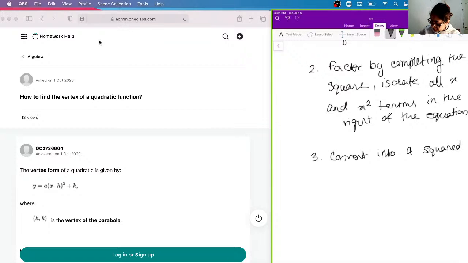What I mean by that is, for example, our vertex form is in a squared form. We would have something like x minus h, squared. You would have it in a squared form.